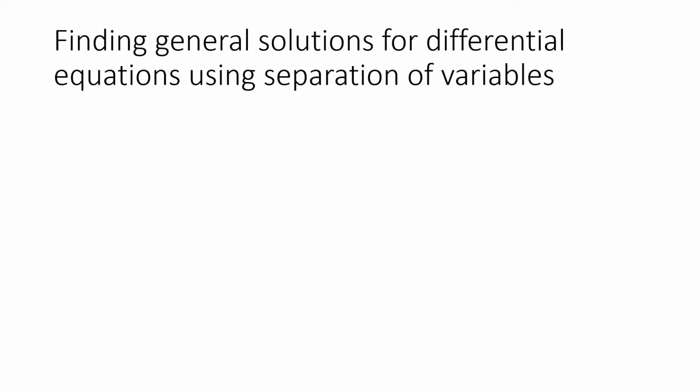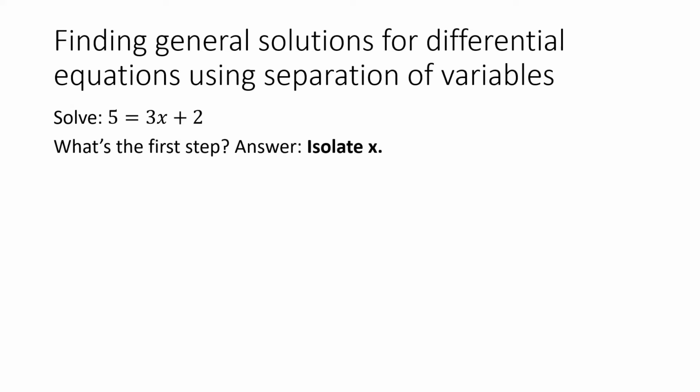Now, we've just talked about solutions and modeling, etc. But how do we find these solutions for differential equations? All right, so here's a simple equation that we should all know how to solve. It's a linear equation. 5 is equal to 3x plus 2. What's the first step? First, we isolate x. Let's put all the constants on one side and all the x's on the other.